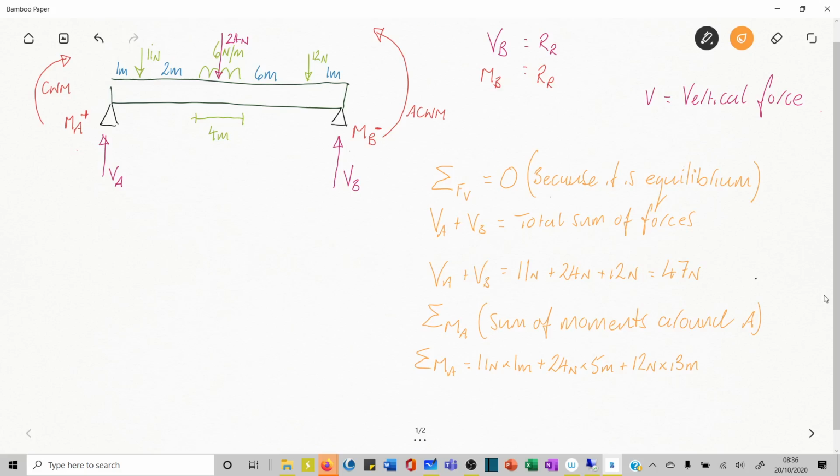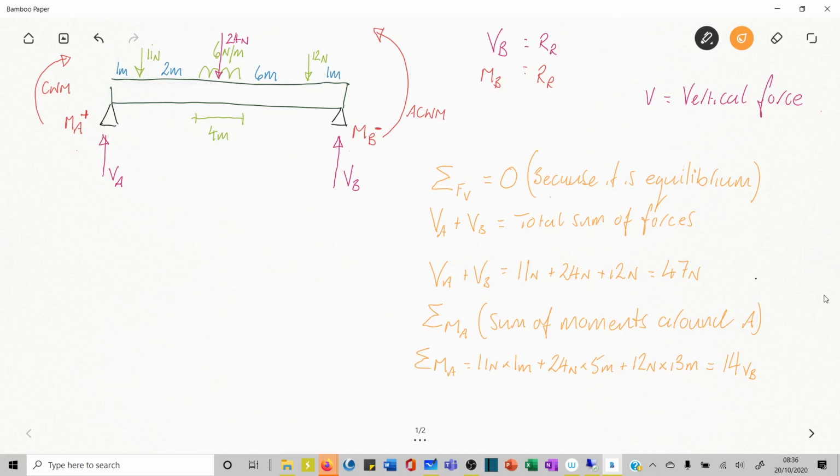All right, and that equals, so the span is 14 meters, multiplied by VB, the reaction on the right.